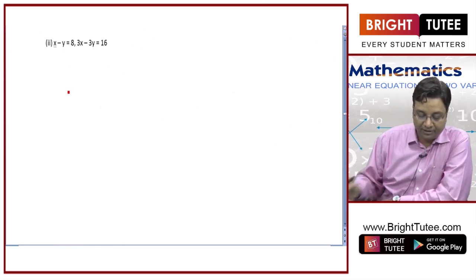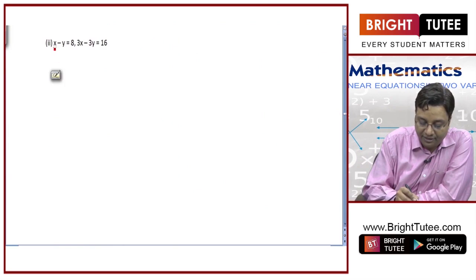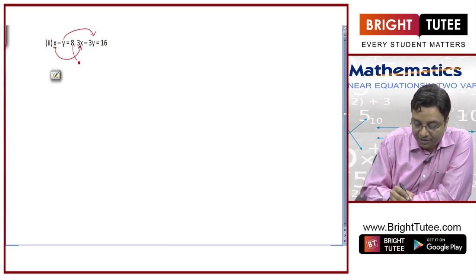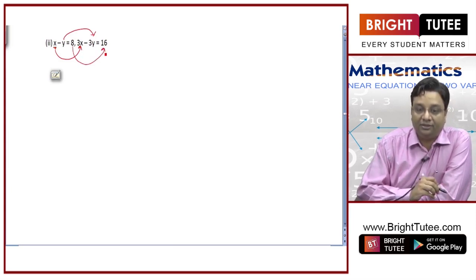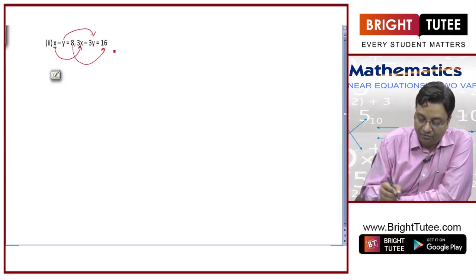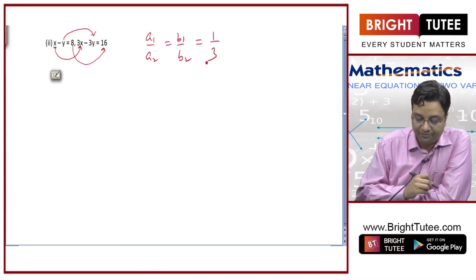Now look at this pair here. It is again x triple of x, y triple of y, but it is not thrice of this constant term here. So out of these equations, I can say a1 by a2 is equal to b1 by b2, which is equal to 1 by 3, right.